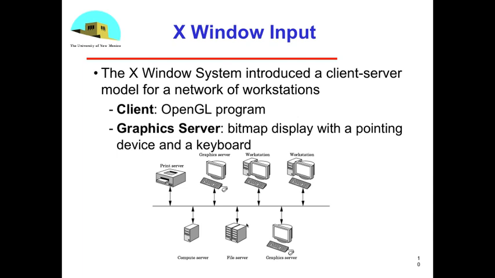Now, how does that convert to graphics? That may seem a little strange at first, but I think it'll be okay once you get used to this concept: a graphics server is something that can provide graphical input and output. So it's a device which has a display on it, obviously, and usually has some sort of a mouse or a trackball, which we'll call a pointing device, something that can point to a position on the display, and it has a keyboard.